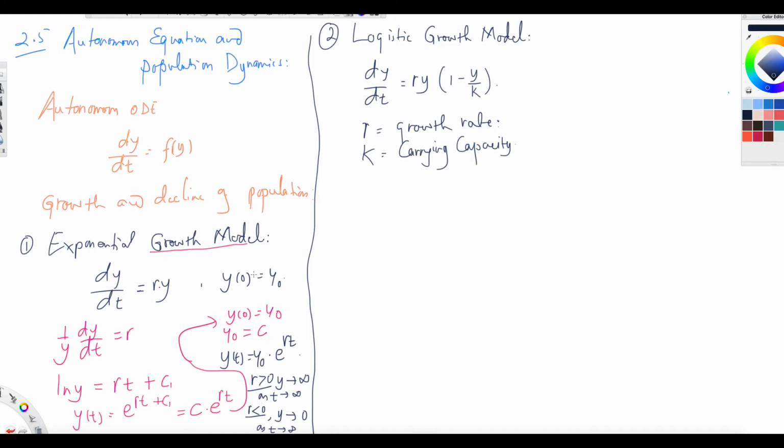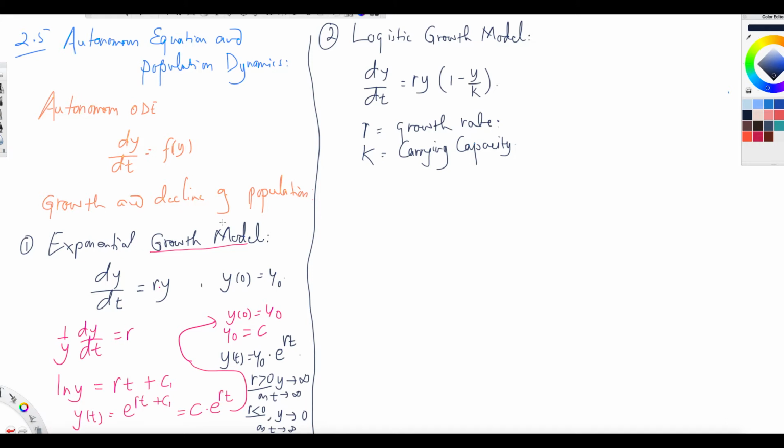So one of the disadvantages of this model is that a population cannot grow infinitely, it cannot grow all the time. Because there will be certain constraints, meaning that the resources, the food for example, is finite, it is fixed, right?